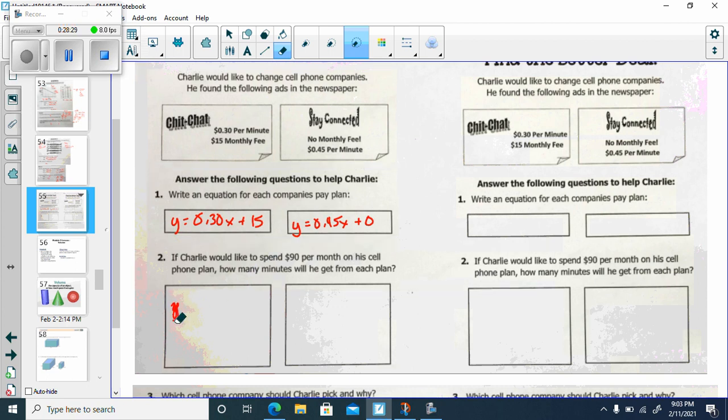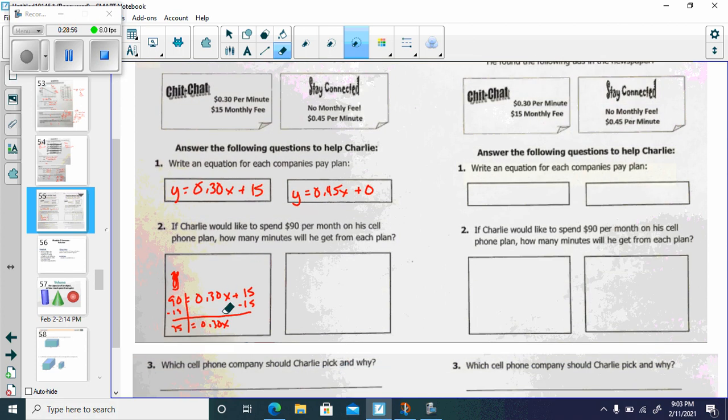Well, if you want to spend $90, put 90 in for your y. 90 is equal to, your total bill is equal to 30 cents per minute times the number of minutes plus 15. Let's solve for our x. Let's subtract 15 from each side. That would give me 75 is equal to 30 cents per minute times the number of minutes.